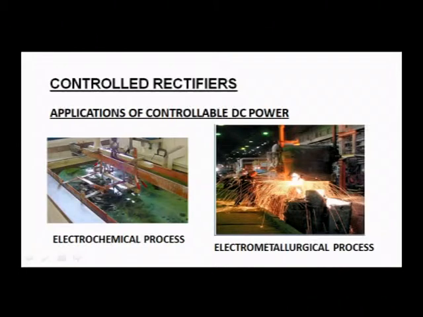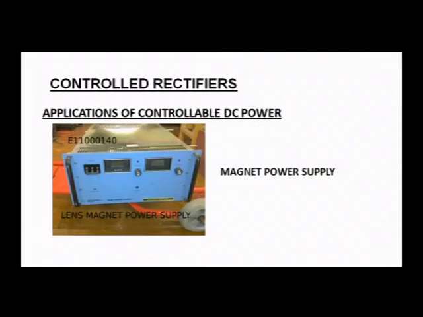Then almost all metallurgical processes, wherein you can do extraction of metals from their ores, electro deposition, purification of metals, and electroplating. All these make use of controlled rectifiers.